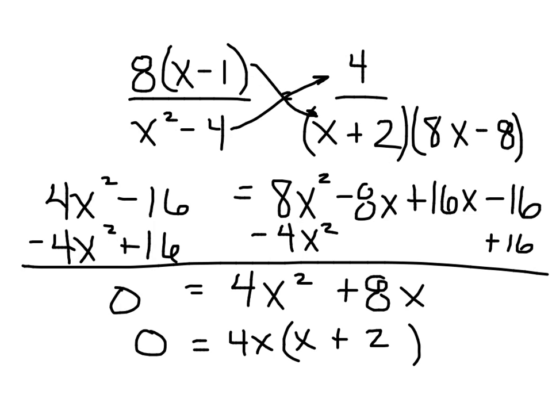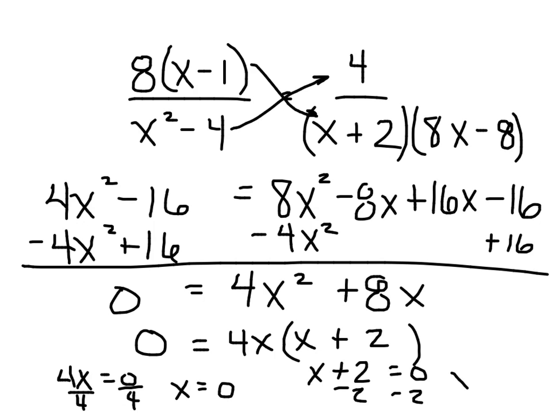Now, what do I do with each group? Set them each equal to 0. 4x equals 0. If I divide by 4, what's 0 divided by 4? 0. And x plus 2 equals 0. If I subtract 2 to both sides, I get x equals negative 2. Is that an issue? Or are both of them good?